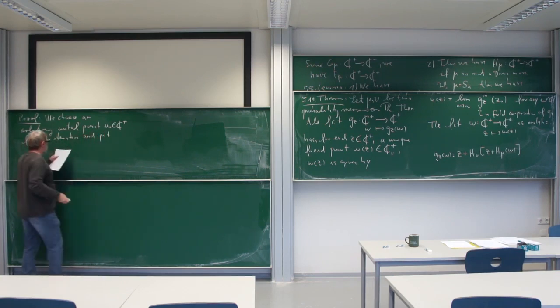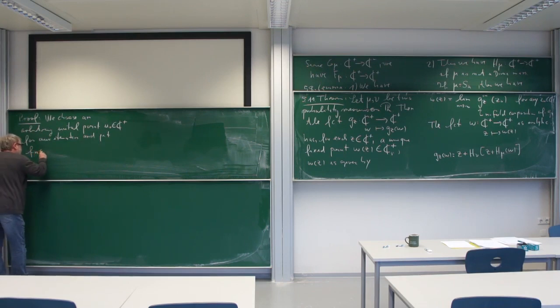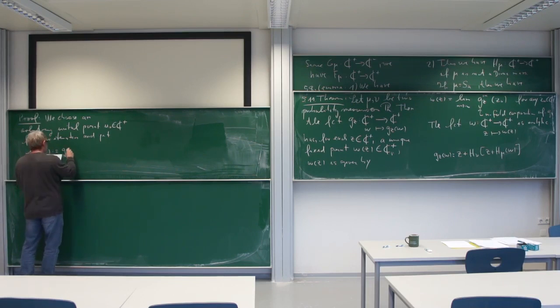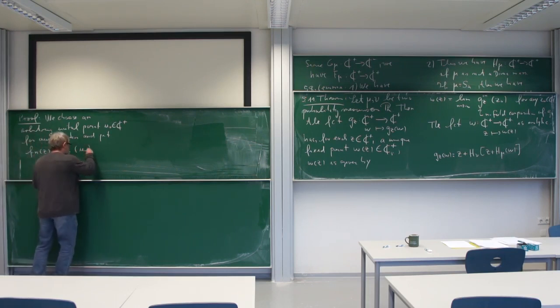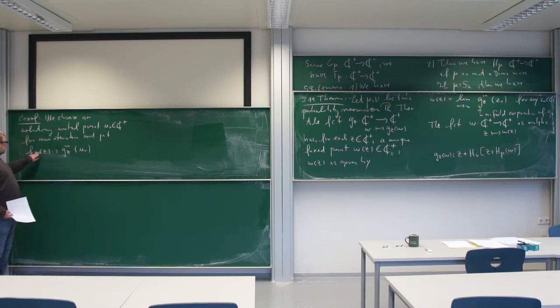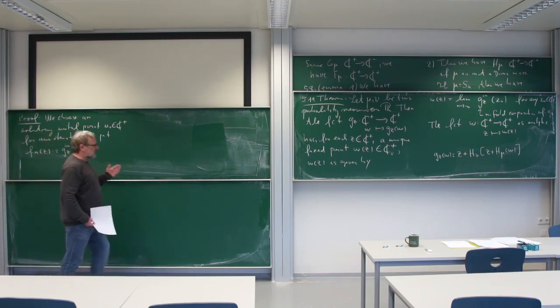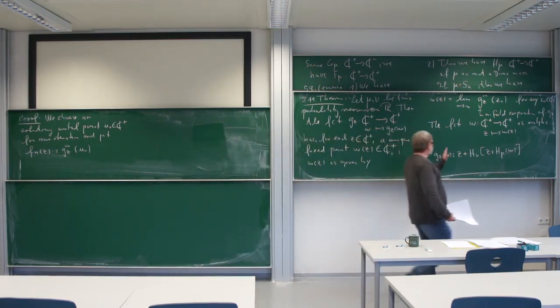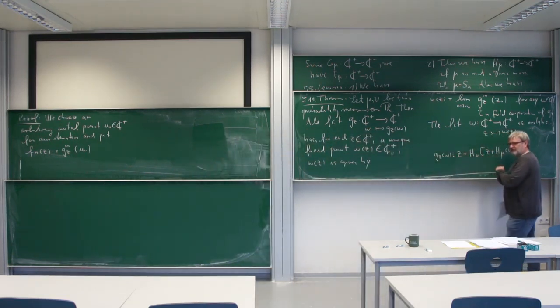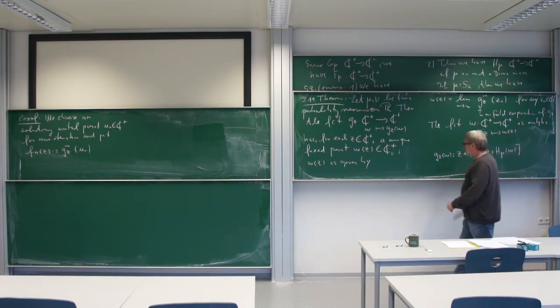And then we define a sequence of functions f_n of z by saying this is g_z, taking the n-fold composition of this with itself, and applying this to u0. So f1 of z is just g_z applied to our point u0. And then f2 is applying g_z again to this point, and so on.